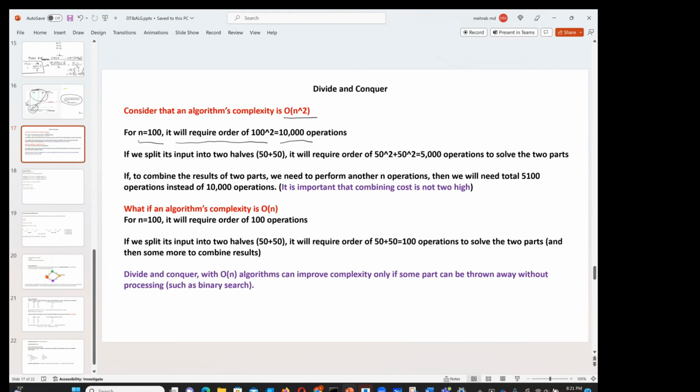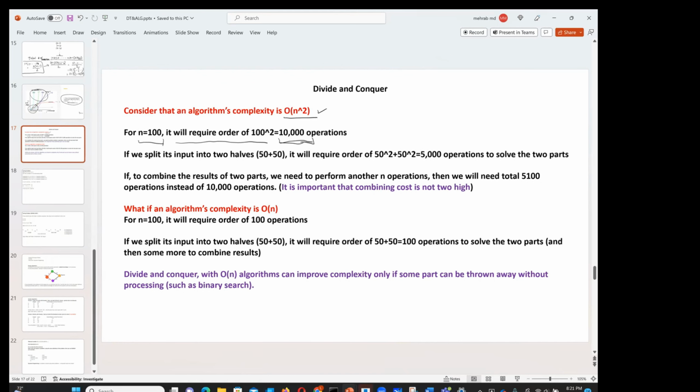It might be 40,000, 50,000, right? So if the algorithm is a big O of n square algorithm, for an input size of 100, how many operations will you need? In the order of 10,000 operations, right? Is it clear?